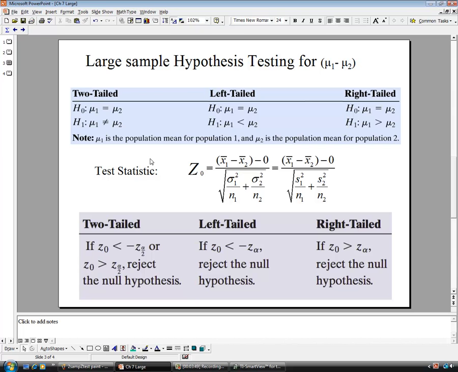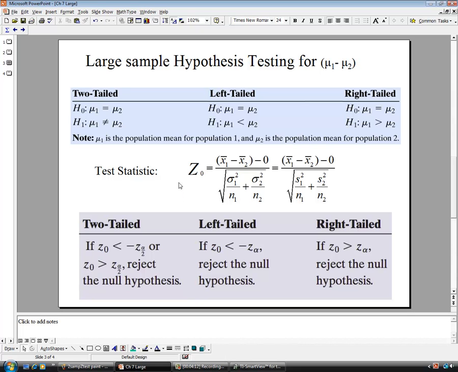If you actually need to know if they differ by 20 or more or something along those lines, then you can use that value here, but typically it's going to be 0. So we have the value minus the proposed mean, which is 0 here, divided by the standard deviation, and this is the same that we saw in the confidence interval.